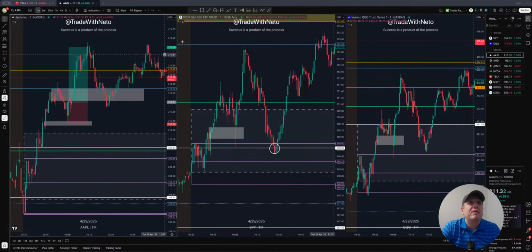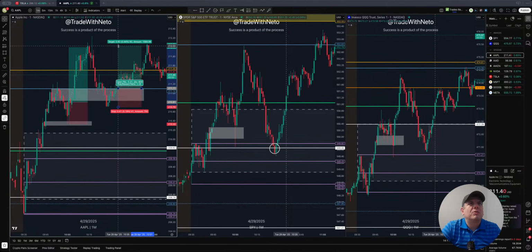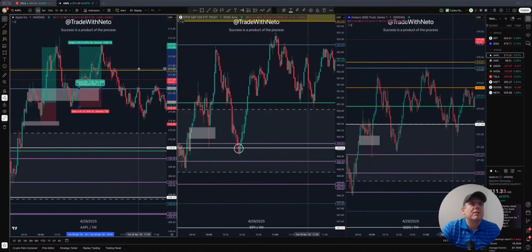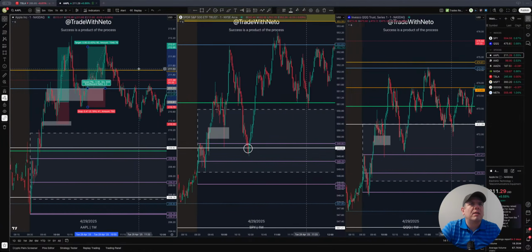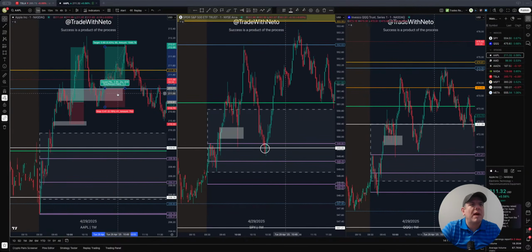So maybe when you had this reclaim of the order block, let's say here, your risk was at the bottom of these candles, and you were aiming to the high of the day, to the bodies of the high of the day. It was a 1 to 2 risk reward ratio trade, and you actually got it well. So I think that's the only one I will take from Apple.